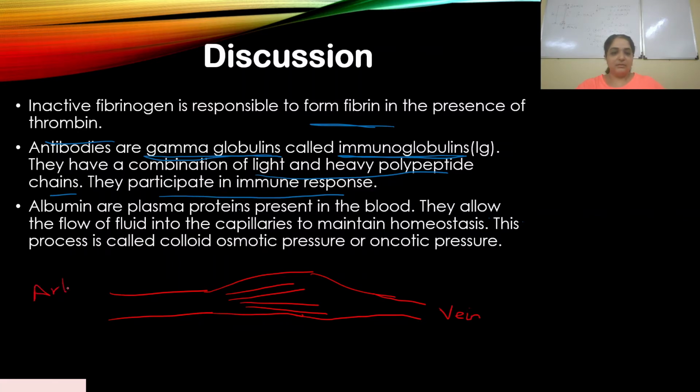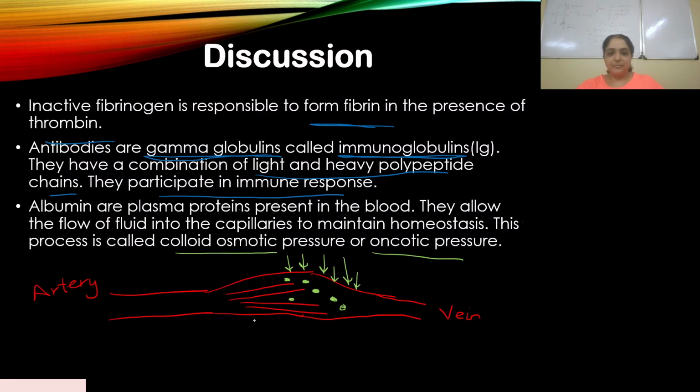These capillaries are thin and permeable. Albumin present in the blood attracts fluid into the blood flow system, and this process is called colloid osmotic pressure or oncotic pressure.